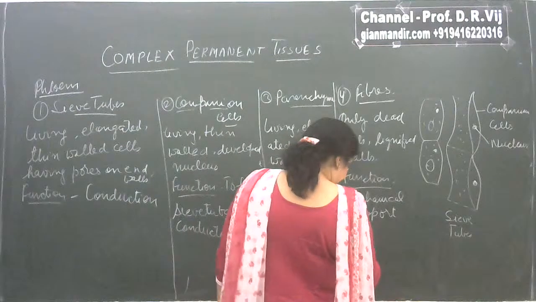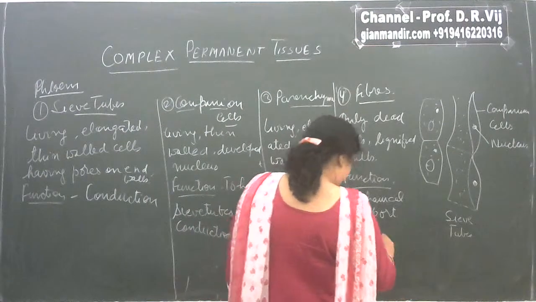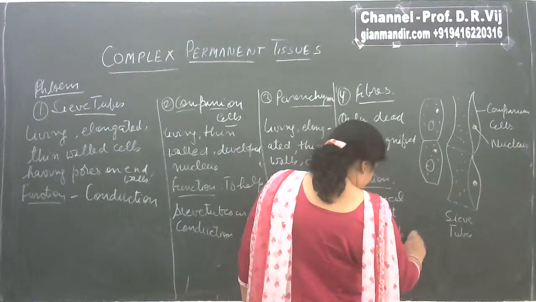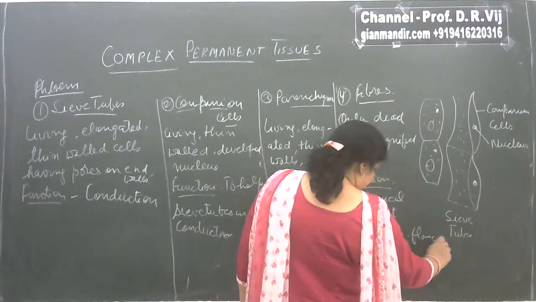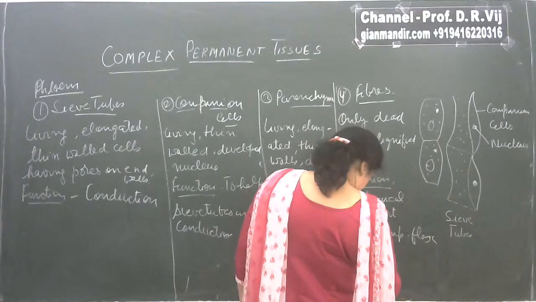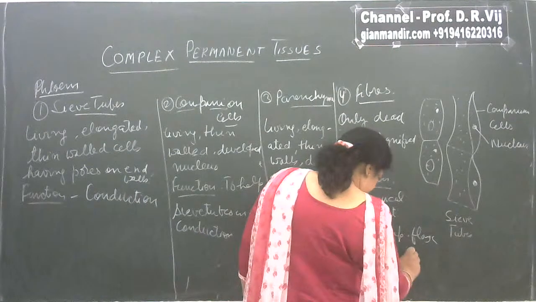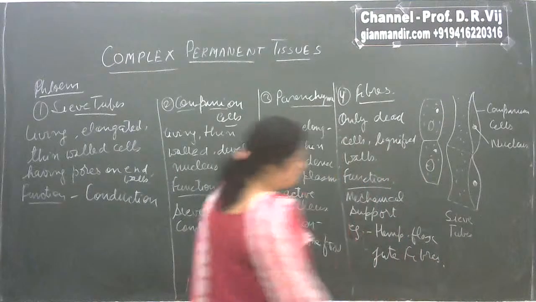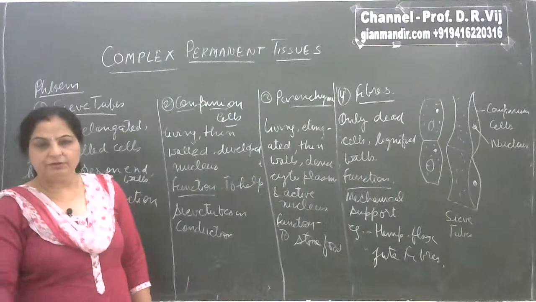For example, you can take the case of hemp, flax and jute fibers. They all are examples of phloem fibers, right?